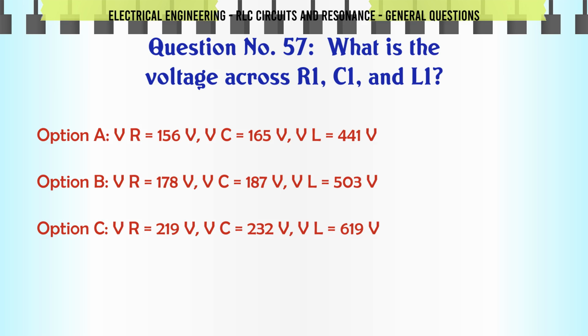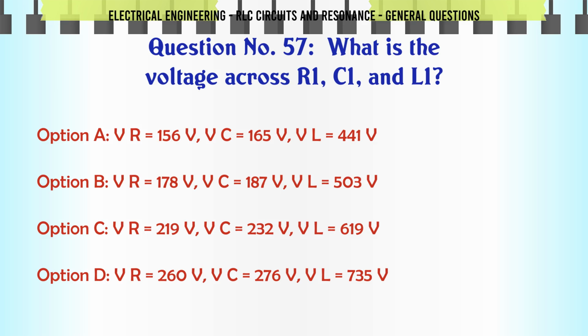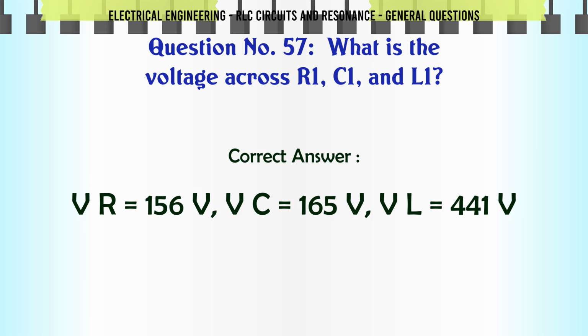A. VR 156 V, VC 165 V, VL 441 V. B. VR 178 V, VC 187 V, VL 503 V. C. VR 219 V, VC 232 V, VL 619 V. D. VR 260 V, VC 276 V, VL 735 V. The correct answer is VR 156 V, VC 165 V, VL 441 V.